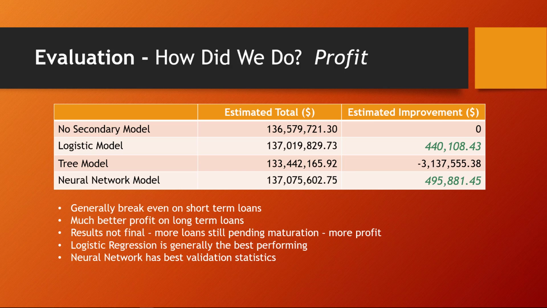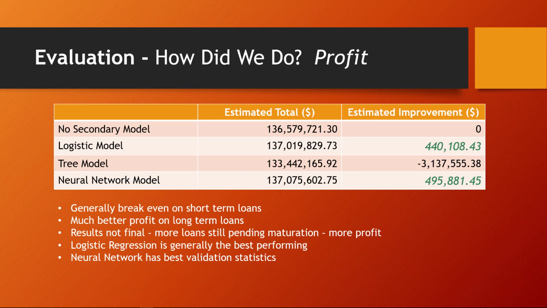Evaluating results. How did we do? Based on profit, we evaluated the models we had created, and the best profit was associated with the neural network model, which would have saved $495,000. The logistic model did pretty well with an estimated savings of $440,000. The decision tree model actually lost $3 million. Important observations of our modeling results included: our models generally break even on short-term loans.